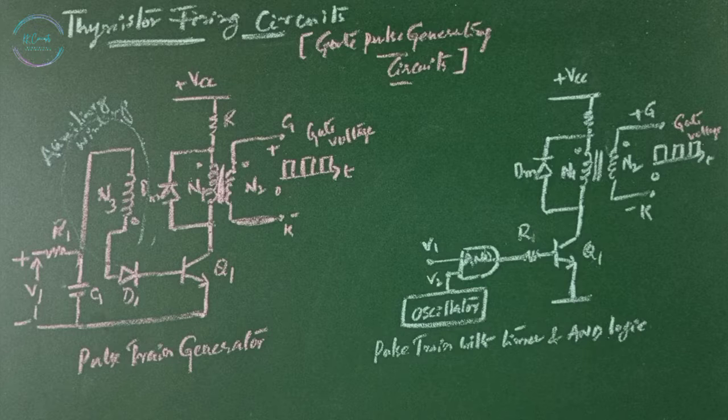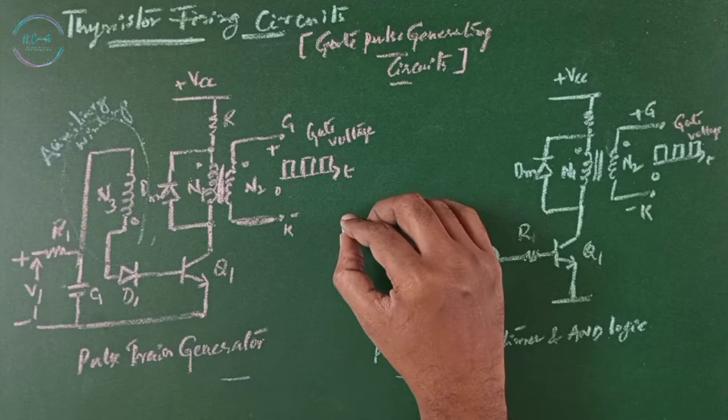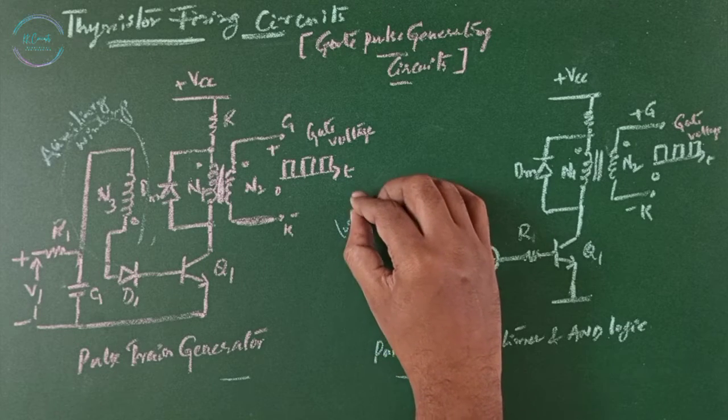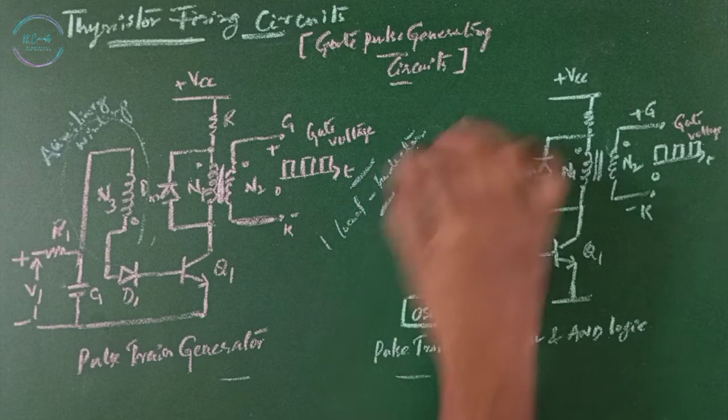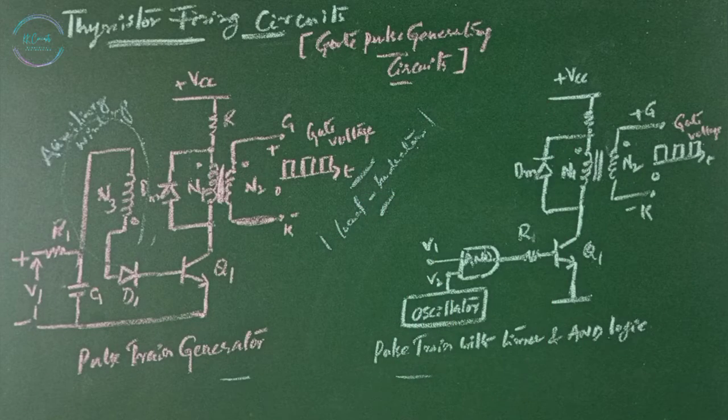In practice, the AND gate cannot drive transistor Q1 directly, and a buffer stage is normally connected before the thyristor. These two pulse generators are used when the converter is connected to an inductive load, where a continuous pulse signal is required.